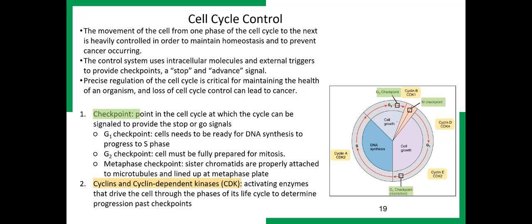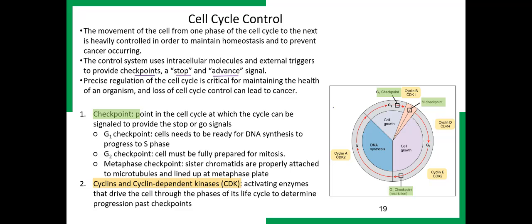The movement of a cell from the G2 to the M phase, from the M phase to the G1, to the S phase, to the G2 is very heavily regulated, and it is regulated by these checkpoints that act as a stop or go signal. And this is very important in order for cancers to be prevented, right? Because cancer occurs when cell division and cell growth is not restricted.